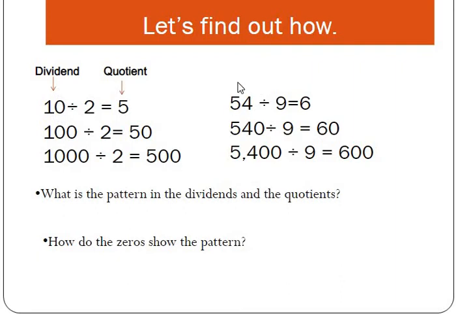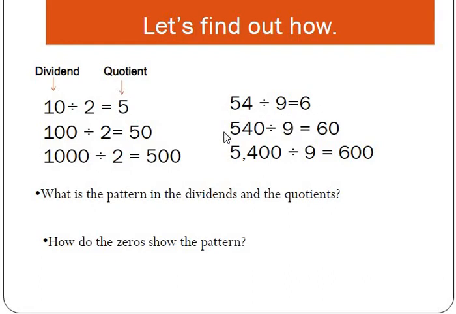Let's go to fact numbers that are easier for you. For example, now let's take 54 divided by 9. The answer is 6, because actually 6 times 9 is 54. So 54 divided by 9 is 6. What about if they ask us about 540 divided by 9? What's the answer?